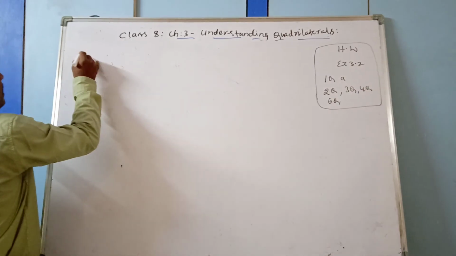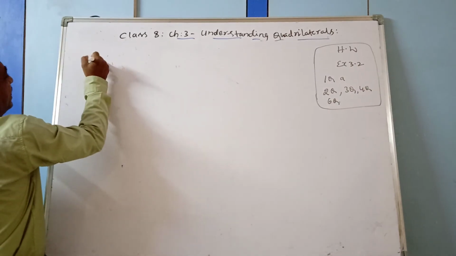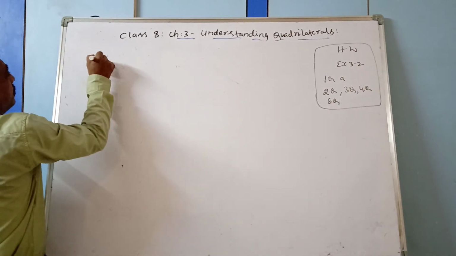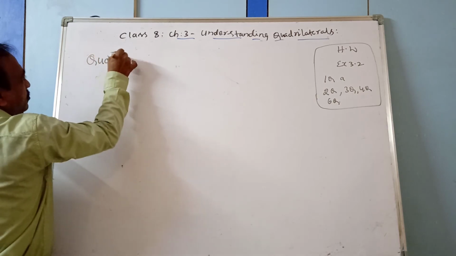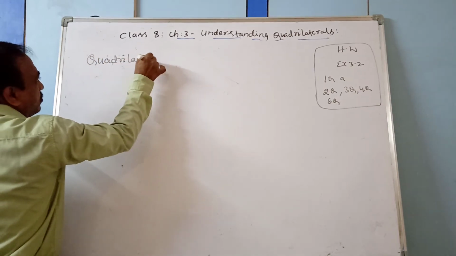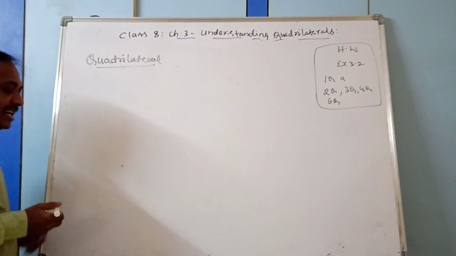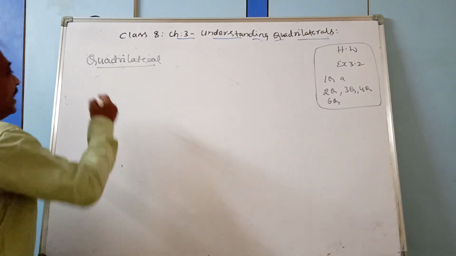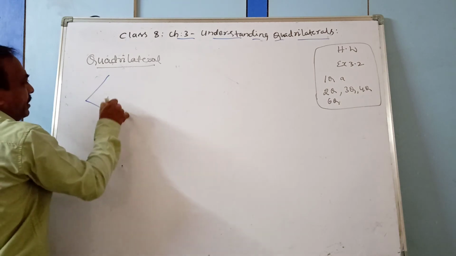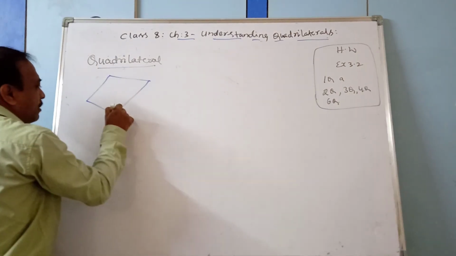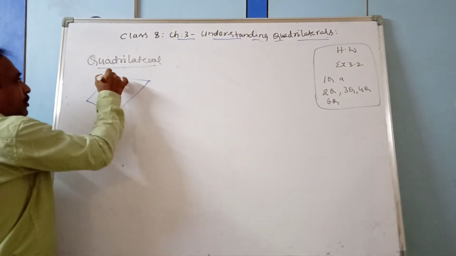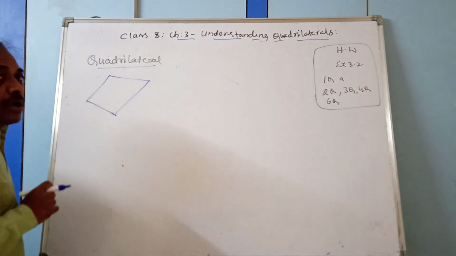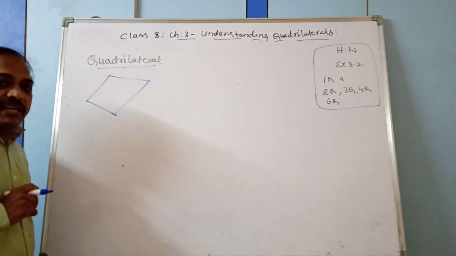So, kinds of quadrilaterals. It can be anything, maybe convex or concave, but now we are discussing convex quadrilaterals.